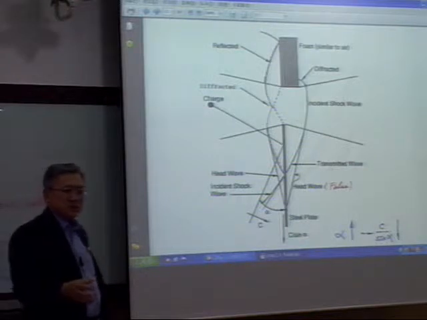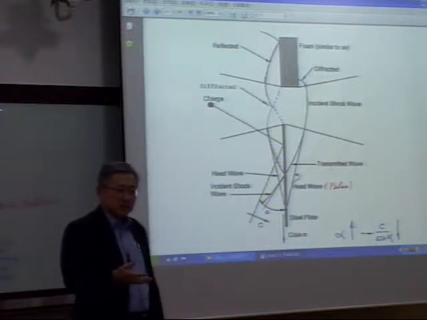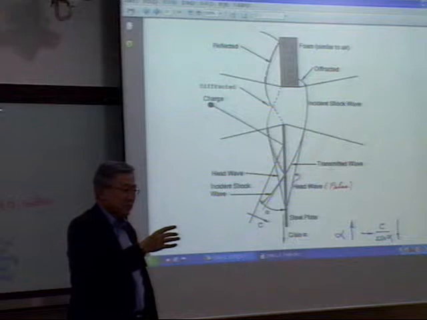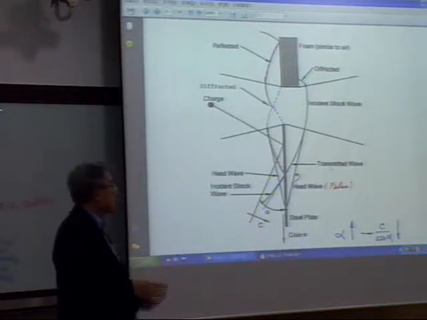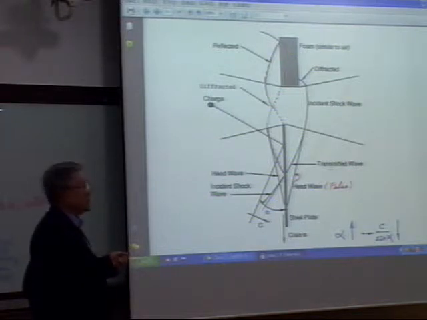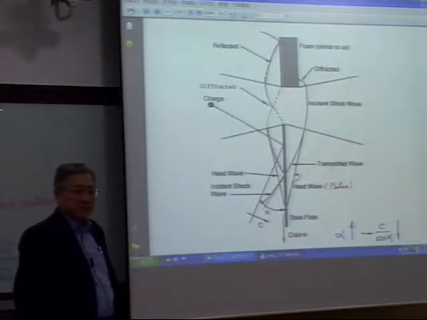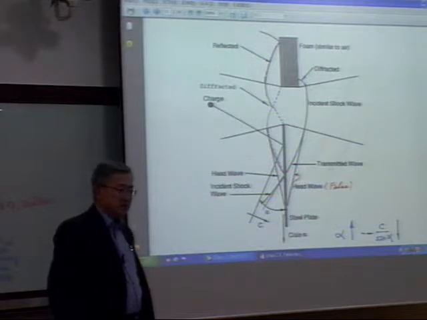What does it mean, foam? Like a styrofoam. You have a styrofoam cup, right? This foam is like air. Shock wave cannot penetrate.